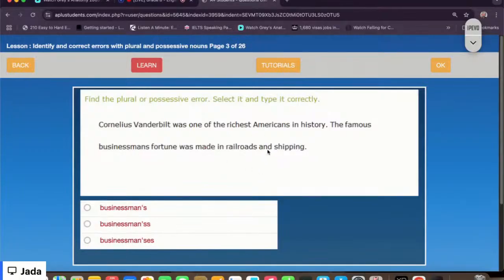Cornelius Vanderbilt was one of the richest Americans in history. The famous businessman fortune was made in railroads and shipping. First, second, or third?